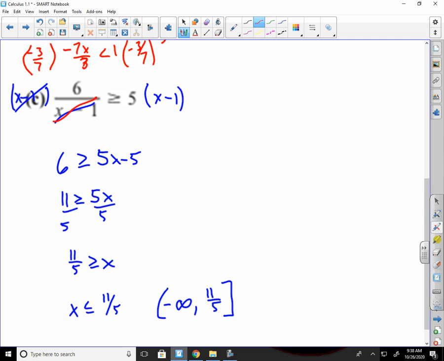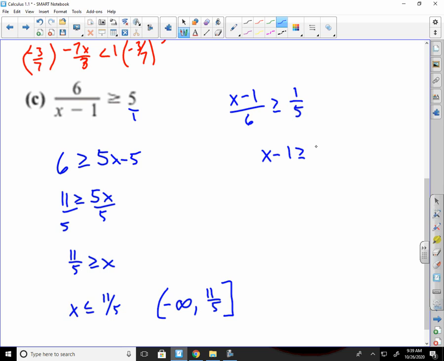The other way I could have done this one would have been to flip it. Gives me x minus 1 over 6 greater than or equal to 1 over 5. Multiply both sides by 6. It gives me x minus 1 is greater than or equal to 6 over 5.